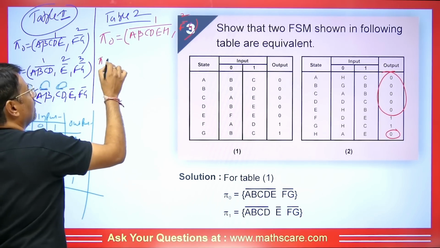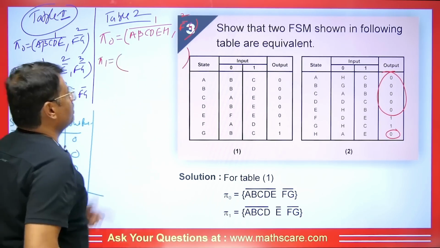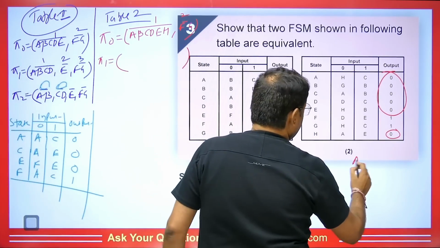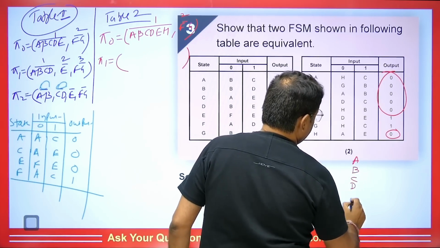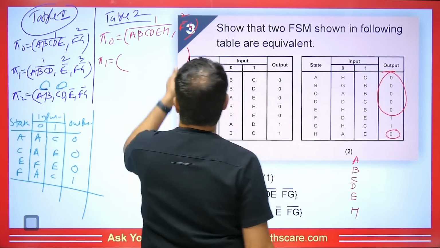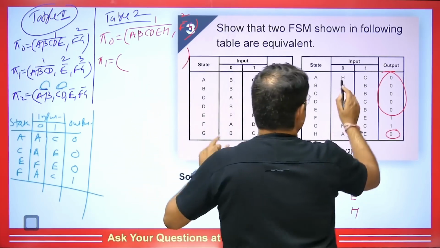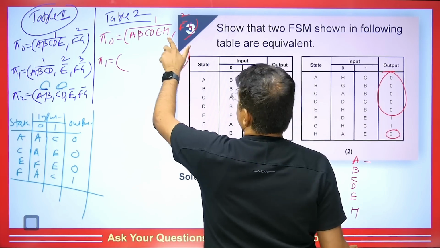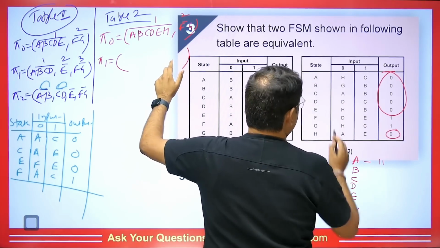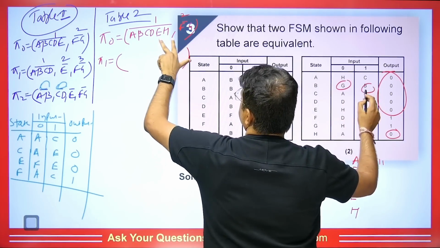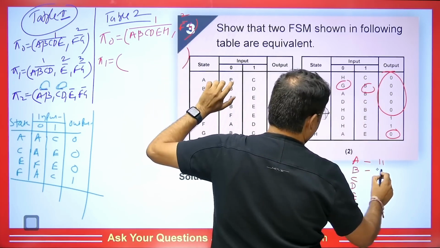Then we will calculate pi 1. If we calculate pi 1, first of all, write A, B, C, D here. So here we will write A, B, C, D, E and H. Okay. Since these two are alone, so no need to worry about these. Now let's talk about A. Here in A, H and C are coming. You can see both are same. If we talk about B, it's GB. Here is GB, it will be 2, 1. Right?